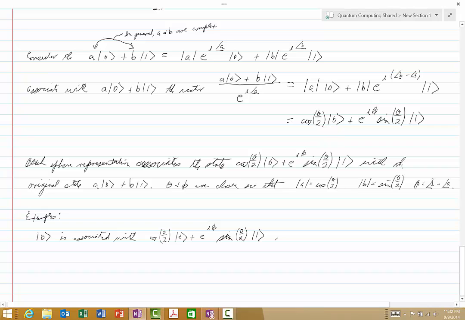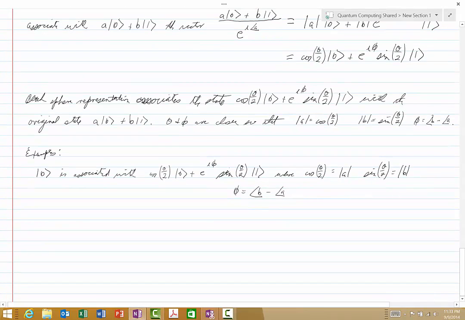where cosine theta over 2 is equal to the magnitude of A, sine theta over 2 is equal to the magnitude of B, and phi is equal to the phase of B minus the phase of A. Now, remember, the assumption is that our original state is written as A0 plus B1.